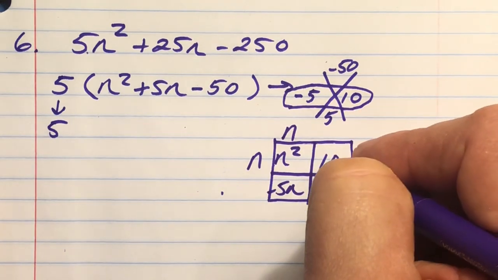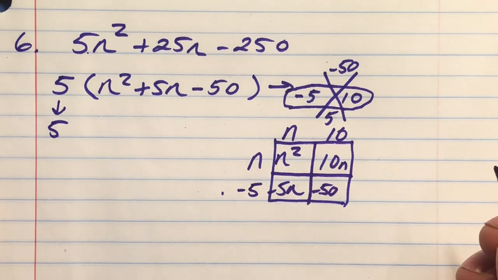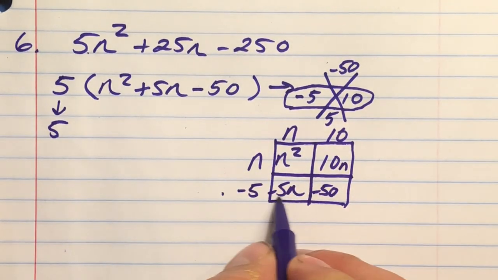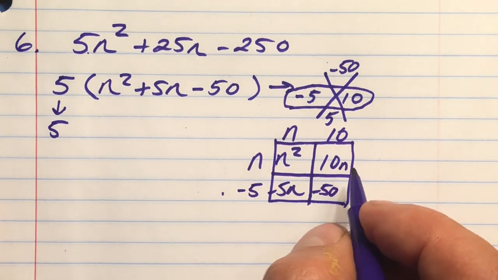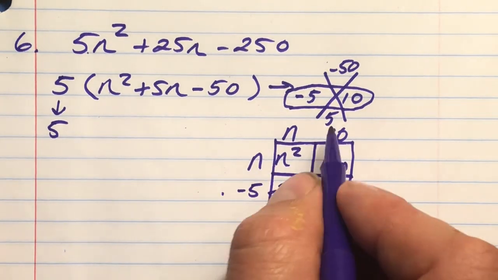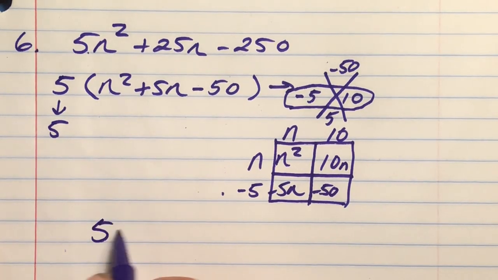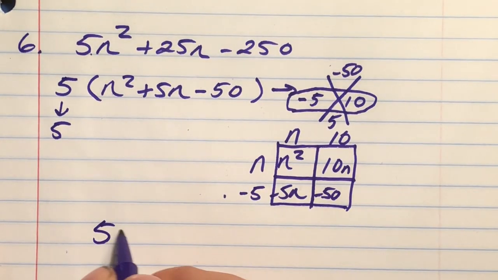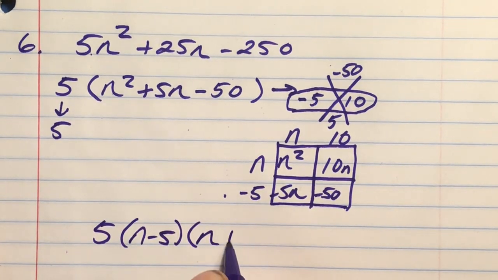Oops, sorry, this is a 10n, so this is 10, negative 5. So all I did was find the GCF of each row and each column. All right, so you can't forget, these are my factors. Don't forget about this guy, all right? It's still part of the expression. So I've got n minus 5, n plus 10.